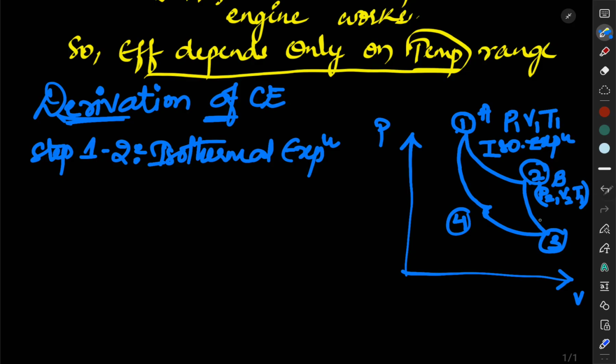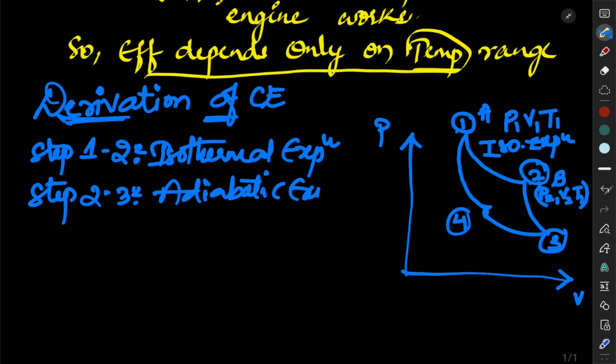From 2 to 3, adiabatic expansion is going on. At step 3, or at C, the pressure will be P3, volume V3 and temperature T2.